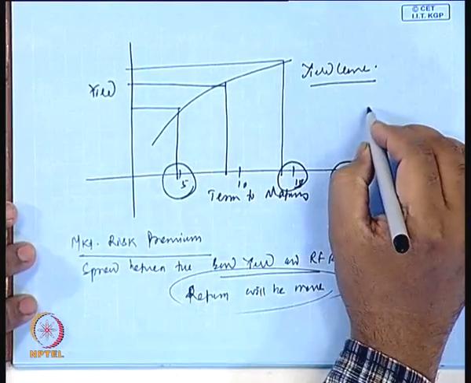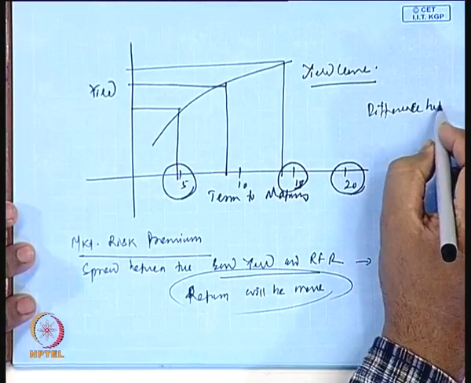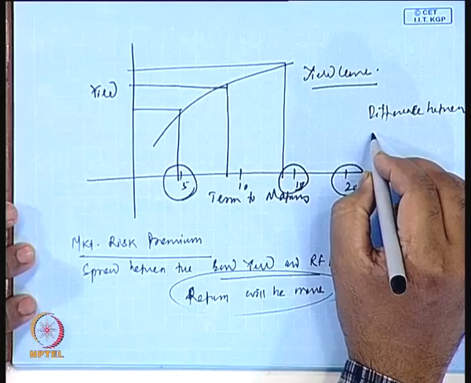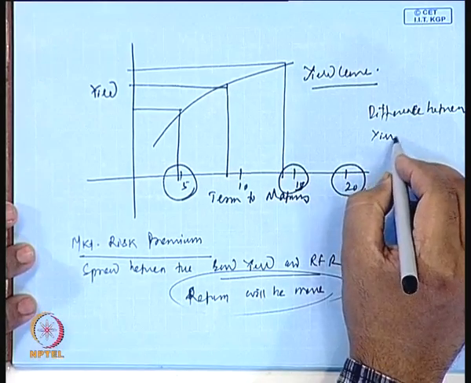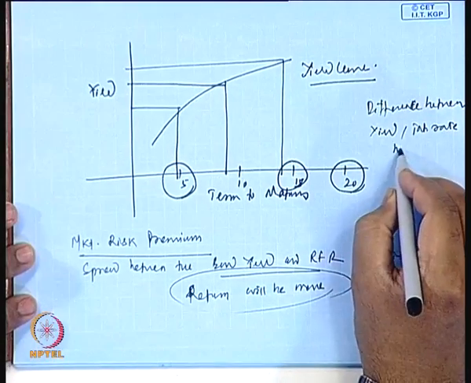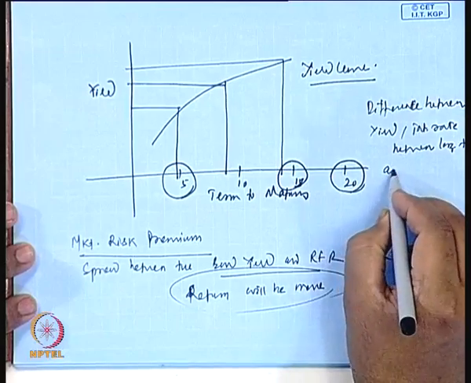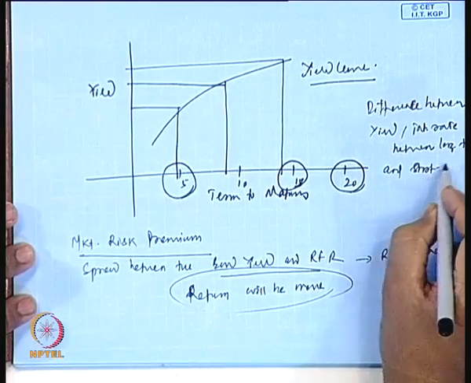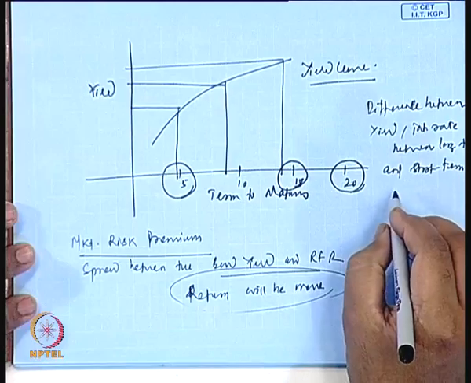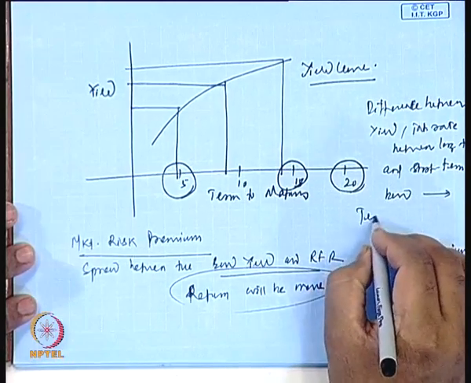The difference between the yield or the interest rate of the long term and short term bond is basically what we call the term spread.